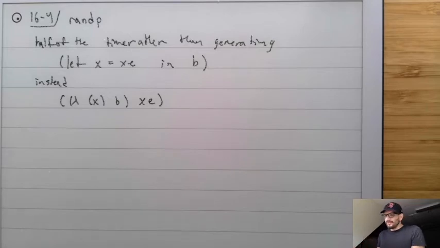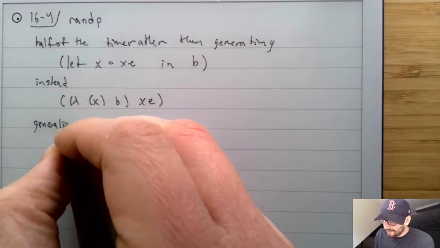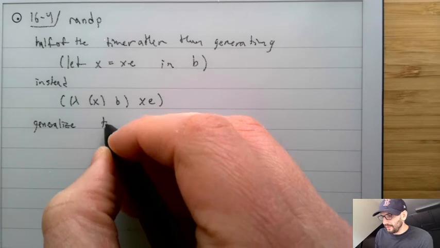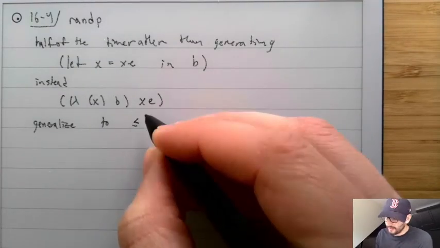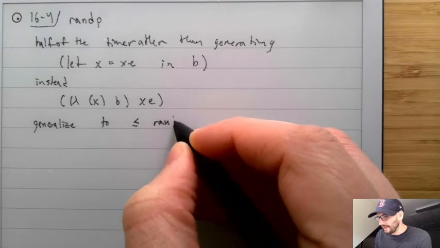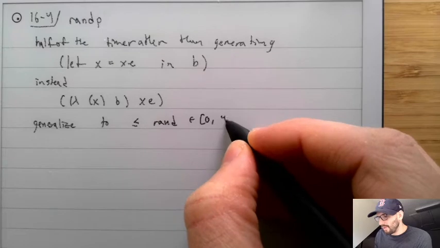Now you may notice that we're not testing situations when you have multiple bindings. So maybe what you do is you generalize to a small number, like a random number between 0 and 4 or something like that.